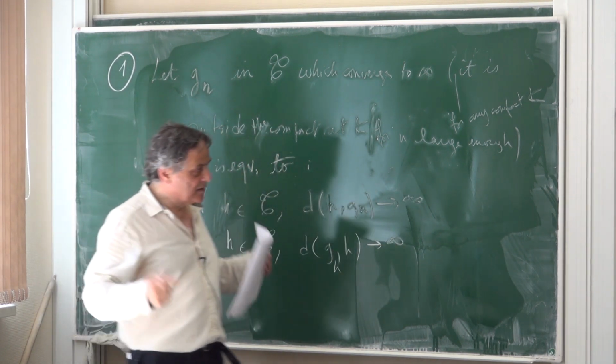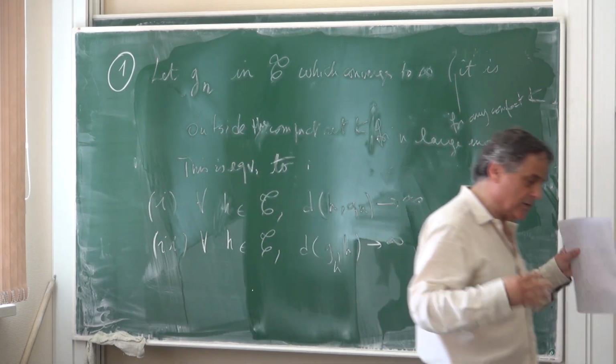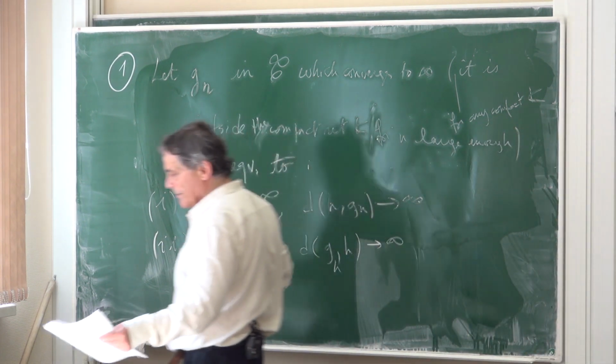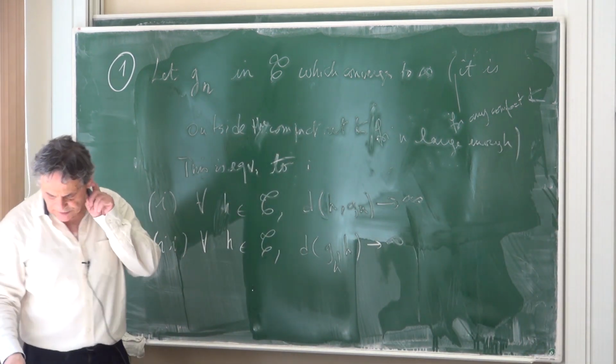If you think a little bit about how this metric is defined, using Lipschitz maps and then using the lengths of simple closed curves and so on, this equivalence between these three things is not trivial. You have to prove it.